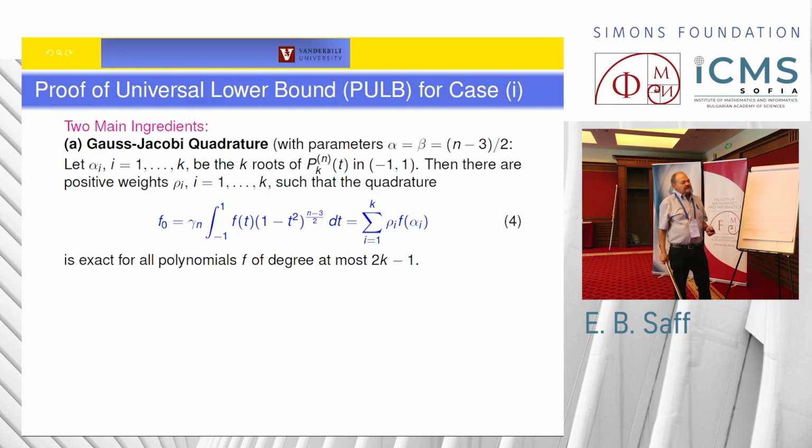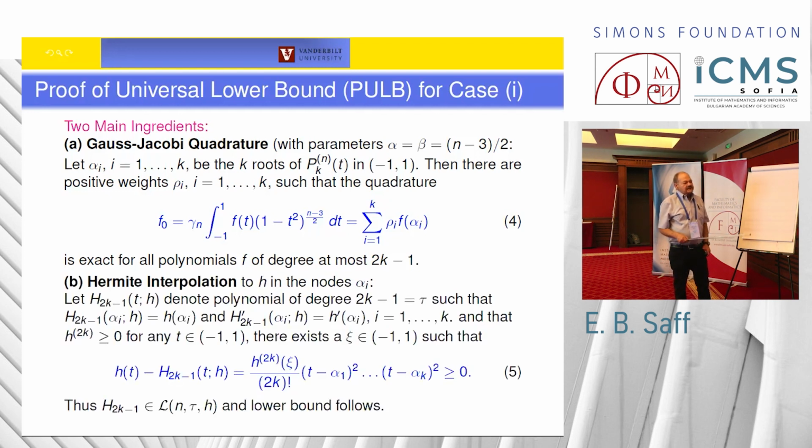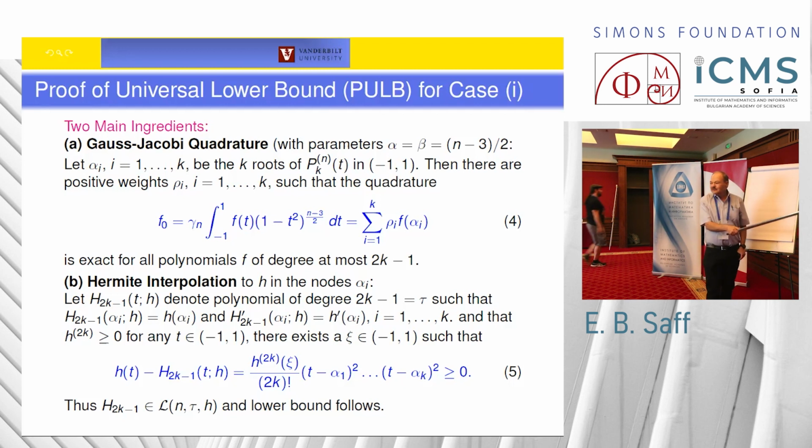And the other part to this puzzle is using Hermite interpolation. So for our given h, you want to construct a function f, which stays below that function h. So what you do is you interpolate h at these nodes, the alpha i's from the quadrature, and you interpolate them doubly. You interpolate the function as well as its derivative, and that allows it to stay underneath for the whole interval.